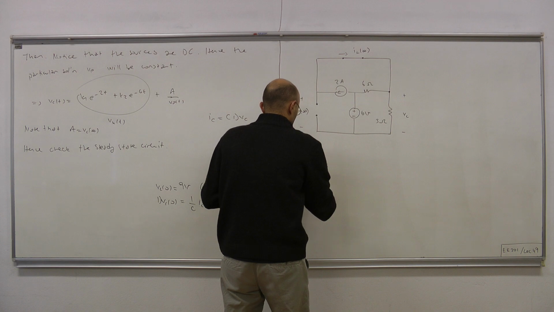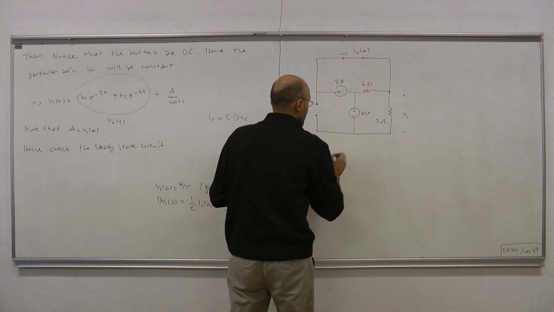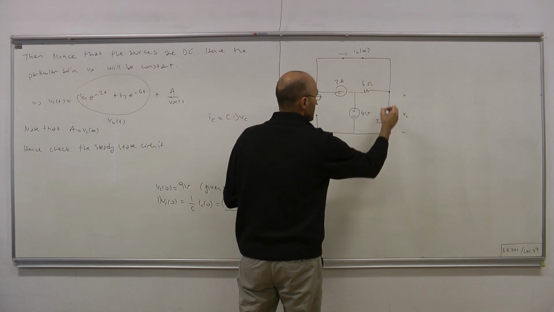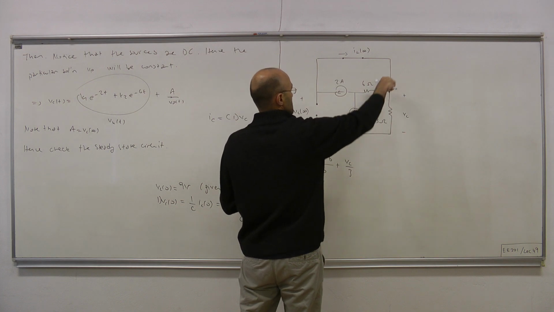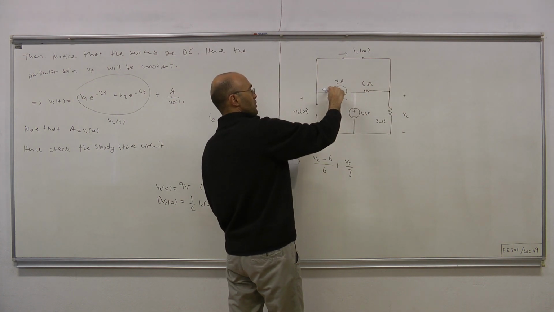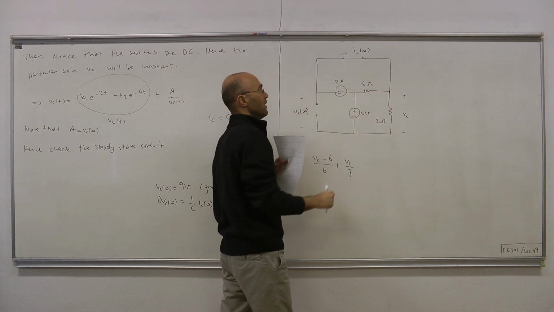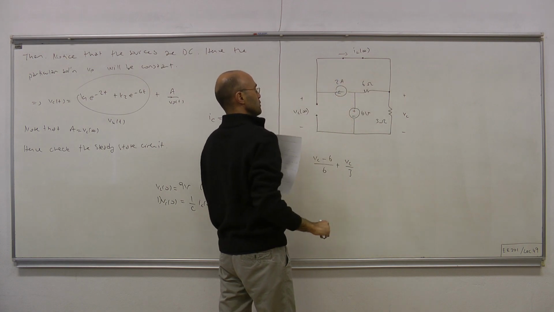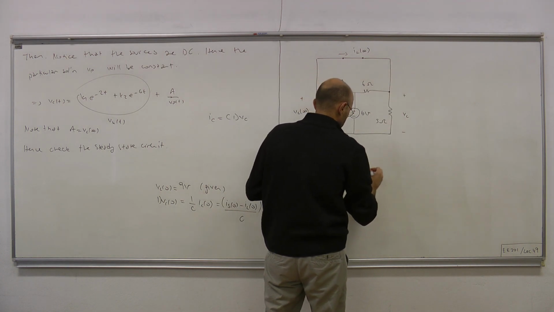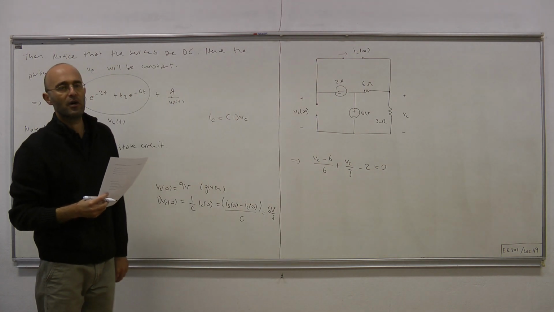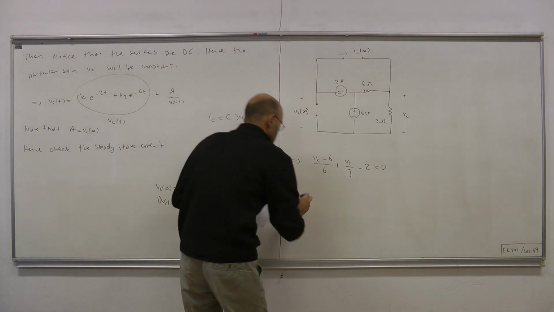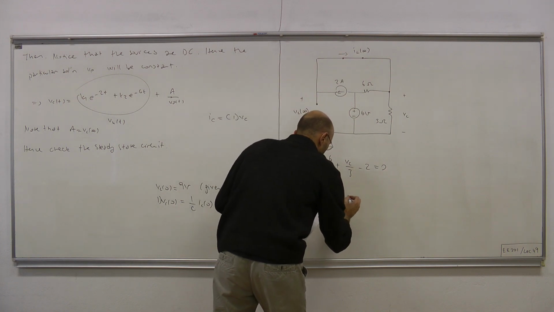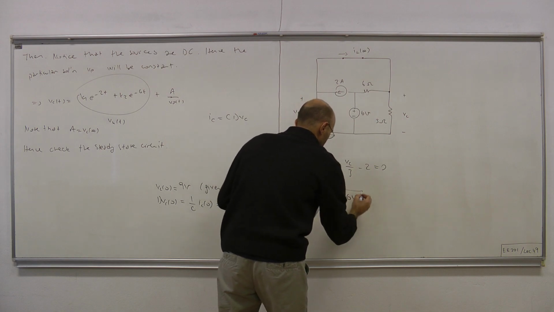We have (VC minus 6) over 6 plus VC over 3, this current plus this current, plus, since it's an open circuit, all of this is flowing over this wire. In other words, IL infinity equals 2. Therefore, this current is minus 2. That equals 0. A single equation in a single unknown, and that gives us that VC infinity must be 6 volts.